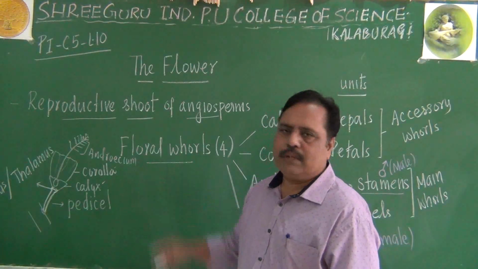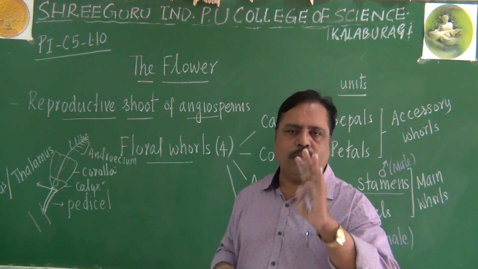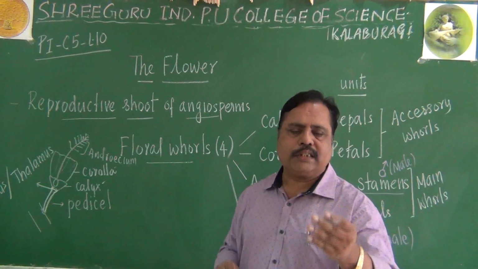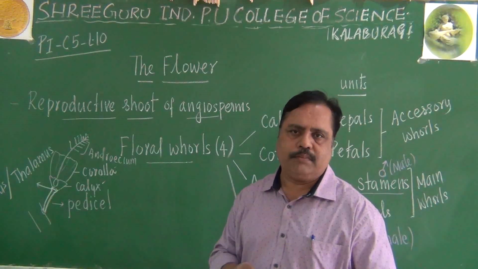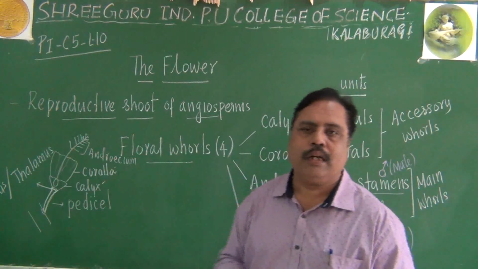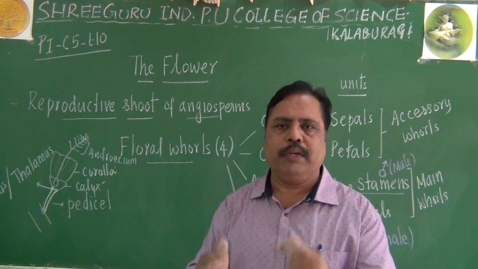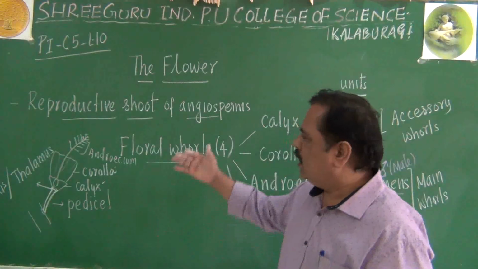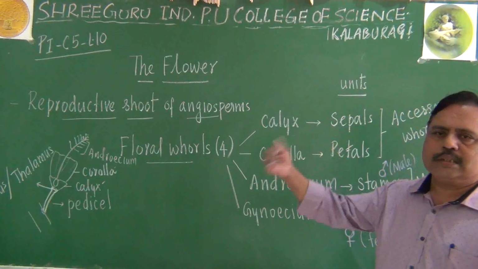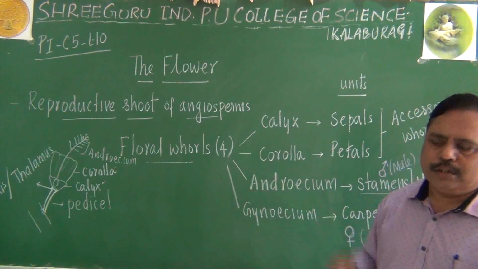Stalk of a flower. Over that stalk, how many whorls are arranged? Four whorls are arranged. Calyx, corolla, androecium, gynoecium. Calyx and corolla are accessory whorls. Androecium and gynoecium are the sexual whorls, main whorls we can say. Let us continue about the description of flower. Just to make note of this point, I will continue now further.